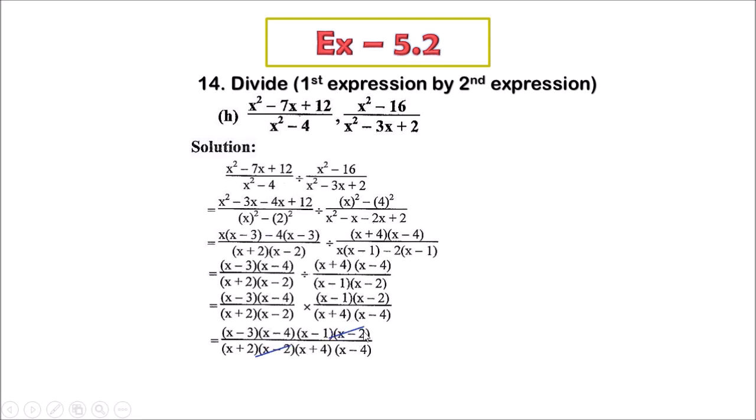I am cutting them: x minus 2 and x minus 2, and removing x minus 4 and x minus 4. After that, what is remaining? x minus 3, x minus 1 in the numerator, and x plus 2, x plus 4 in the denominator. So finally we get the answer. This is the division we just completed.